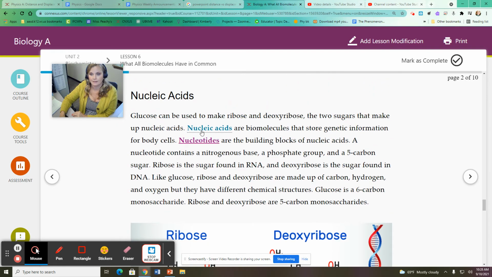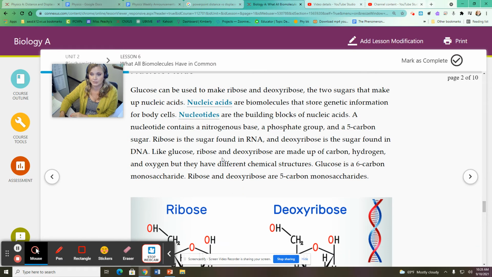So nucleotides are building blocks. Nucleic acids store genetic information. That's what your DNA is, you know this, found in your cells, and it contains the programming to make you who you are, to be able to perform all your body functions, to pretty much do everything that you need to be a biological organism.